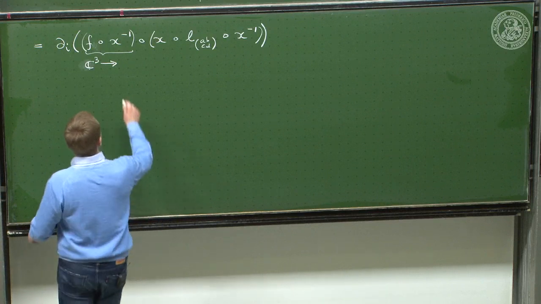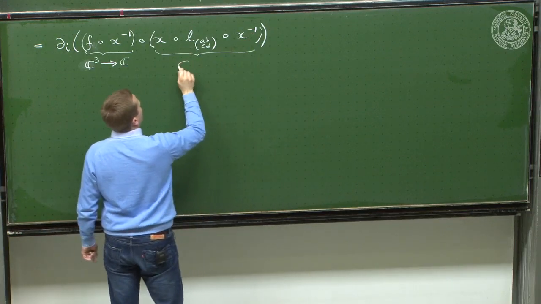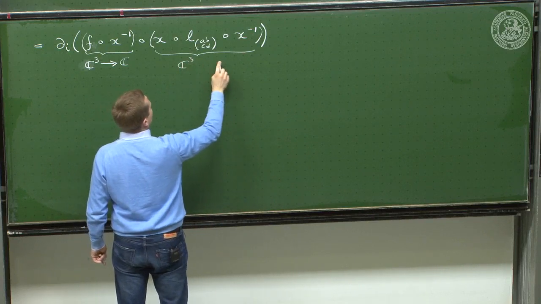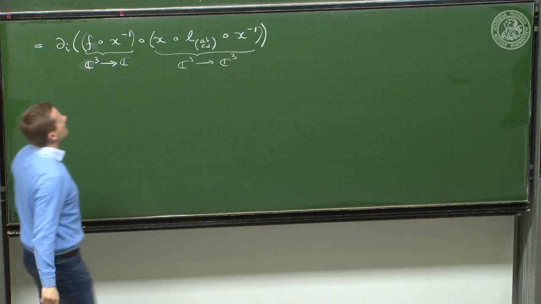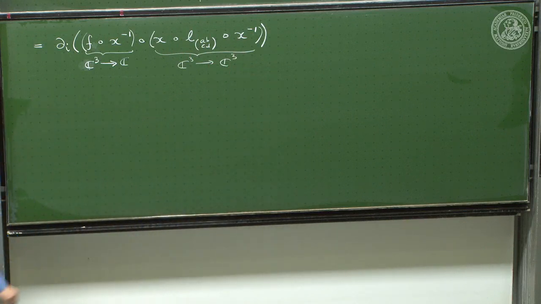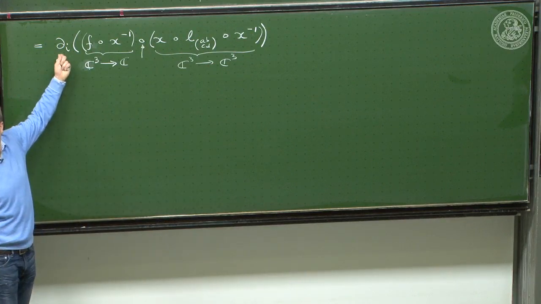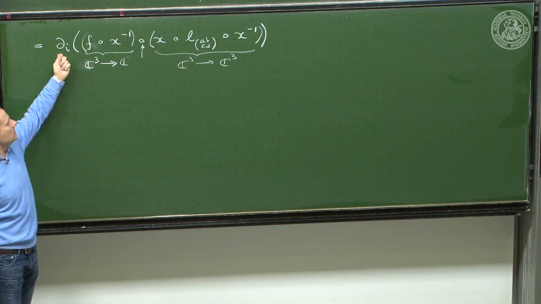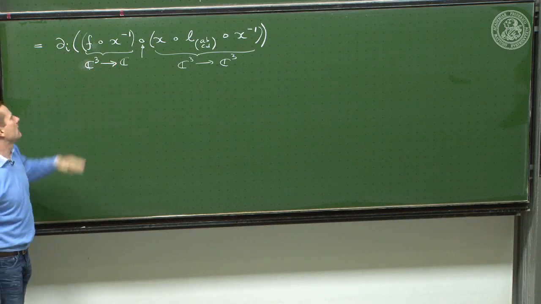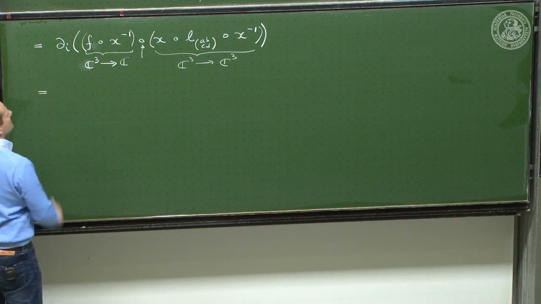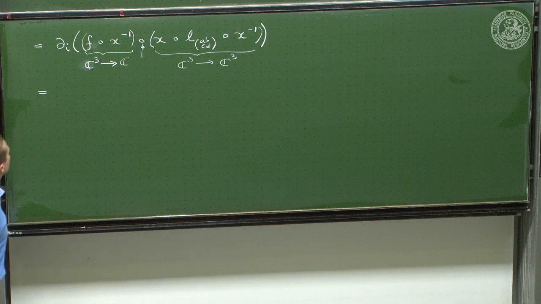C3 to C, and this one goes from some part of C3 via the manifold down to C, some part of C3. That's the situation, and there is a composition in between, and there is a derivative. It's multidimensional, so we need the multidimensional chain rule. But we can use it. So how does it work? That's the outer derivative, and that's the inner derivative.